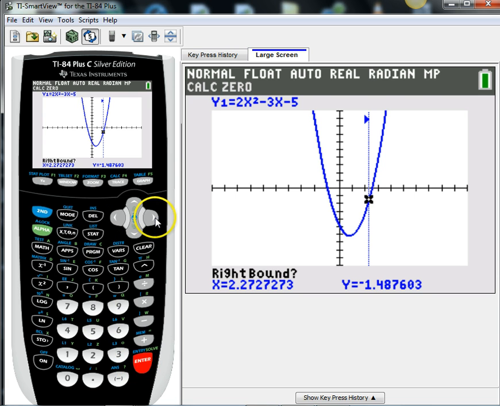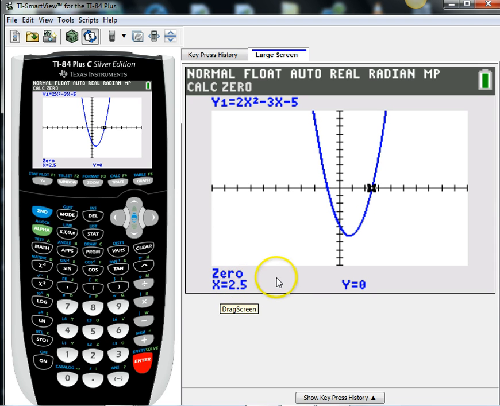So let me keep moving. That should be good. And I'm going to hit enter. And now I'm ready for the calculator to do its thing and give me a good guess. I'm going to hit enter. And there it is, 2.5. Now, if you recall, those were the two answers we got from the quadratic formula and factoring.